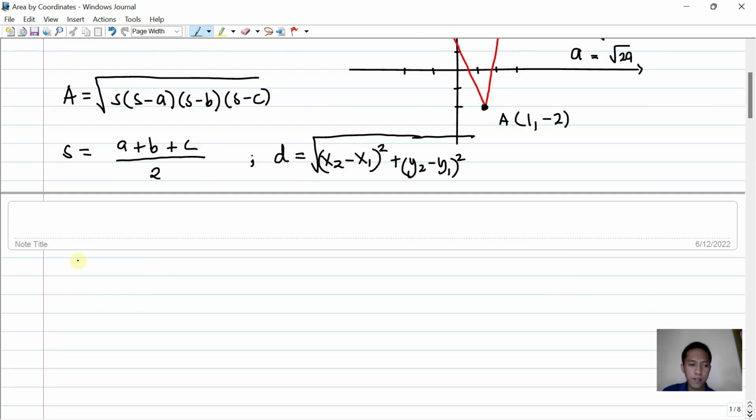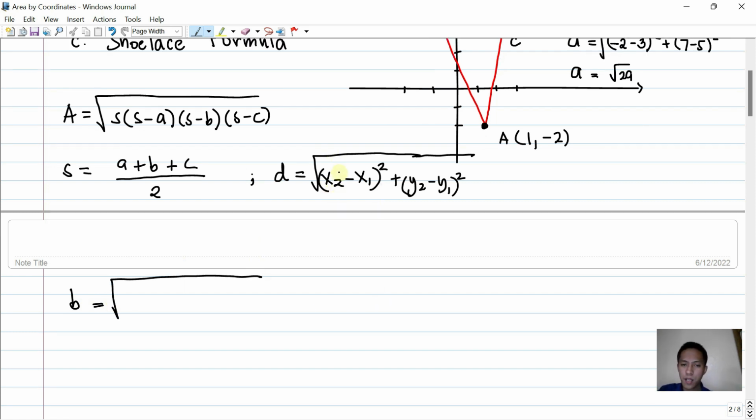So for the side B, that is the square root of, again, the difference between the x coordinate squared plus the difference between the y coordinate squared.